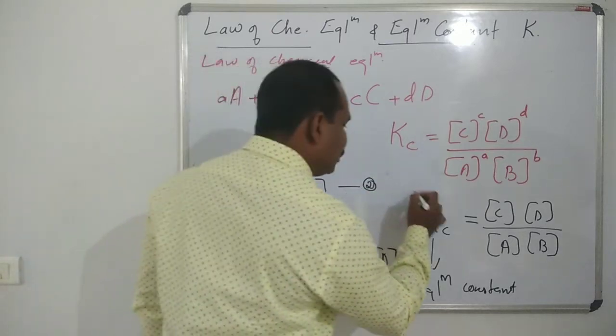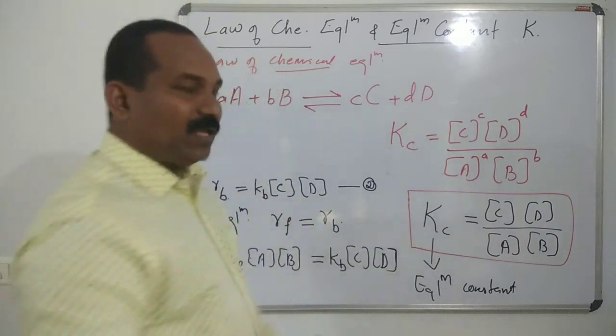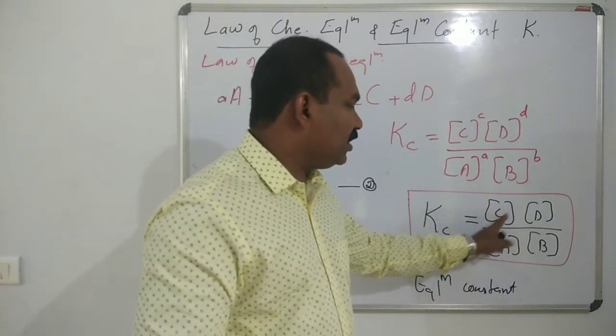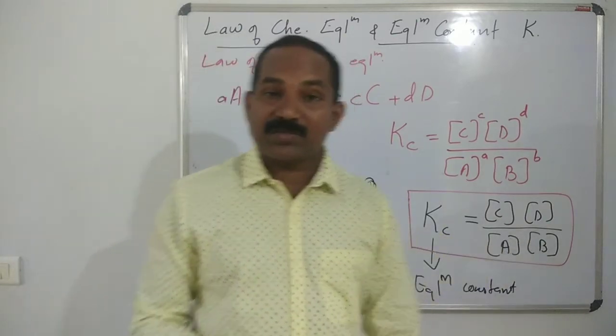So when we consider 1 mole of substance, Kc is equal to concentration of C into concentration of D divided by concentration of A into concentration of B.